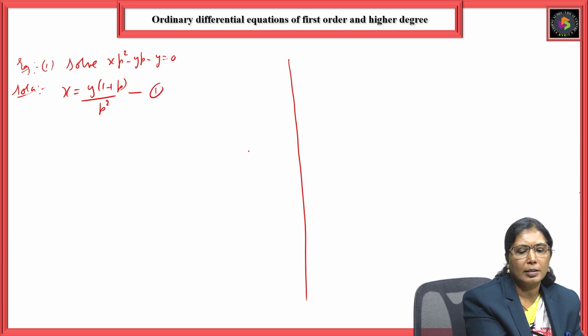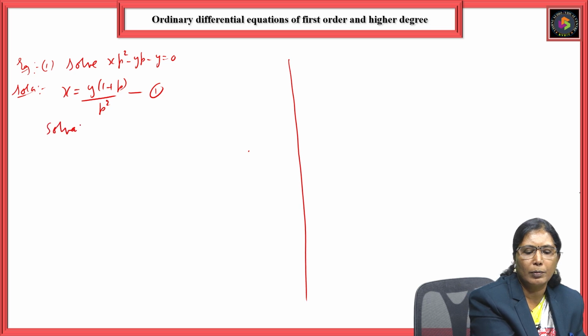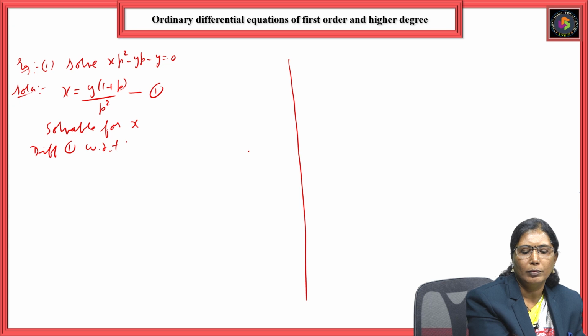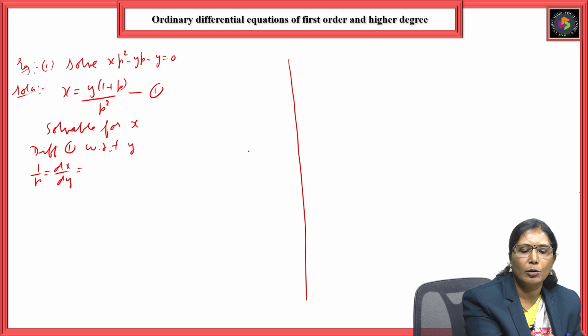Now since it is solvable for x, differentiating 1 with respect to y, what do you get? 1 by p is equal to dx by dy. Now you should differentiate the right side with respect to y, so apply the UV rule. We write this as y into (1 plus p) by p square, where y is u and the other is v.